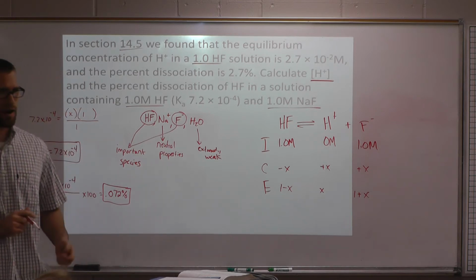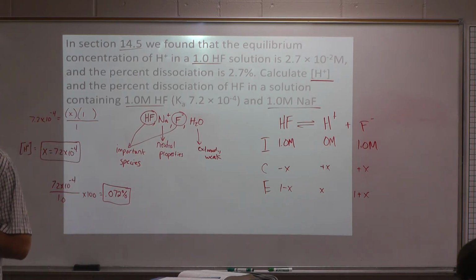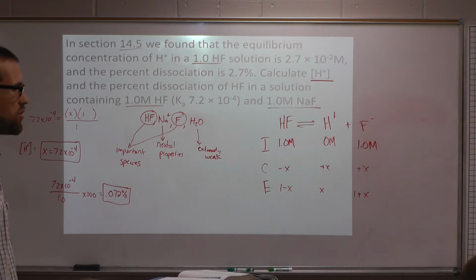So let's compare the dissociation with the common ion in it with the dissociation without the common ion. When we did this in theory, before we did the math, what did we say was going to happen? Which way did we say it was going to shift? Left.